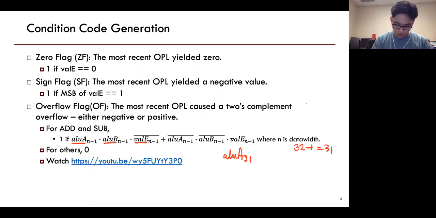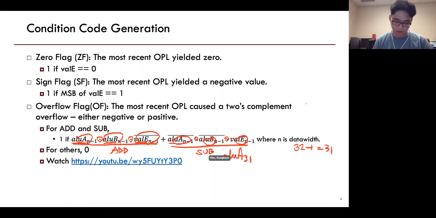Then finally we can understand this equation. Let me roughly read this equation. This bit and this bit and this bit first, and then until here is the detection logic for add, or this bit, not of this bit, and not of this bit, and this bit, which is the detection logic for sub.